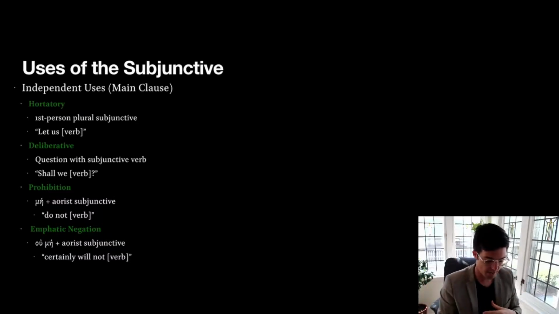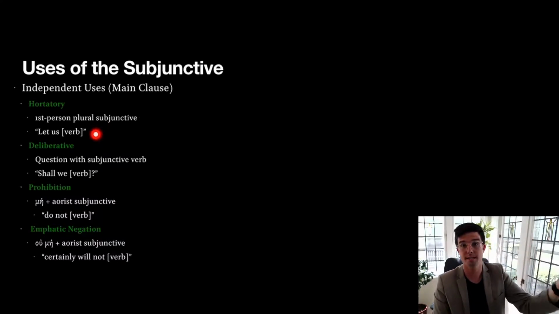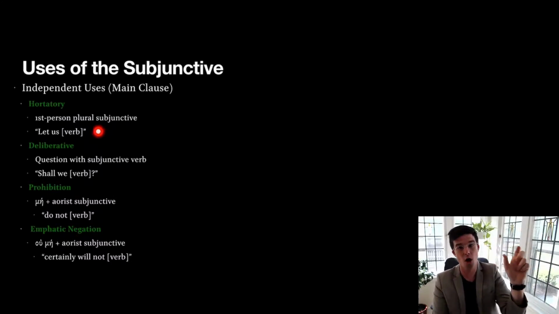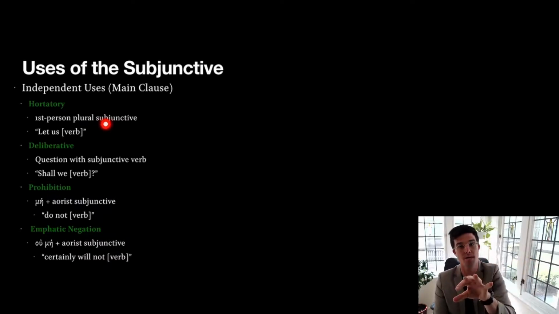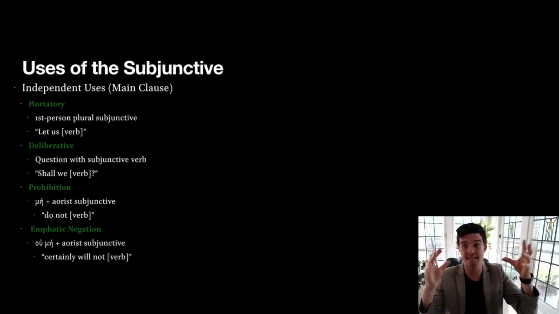So, for example, in the hortatory subjunctive, let us loose him. That let us loose would be all one word in the subjunctive mood, and then him would be our object of the sentence. So that would be a 2-word sentence in Greek, and that is a sentence that can stand on its own.